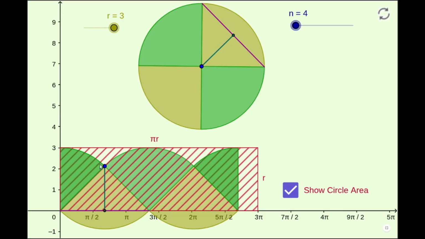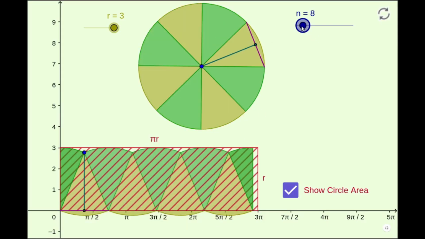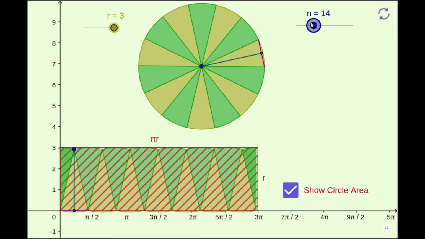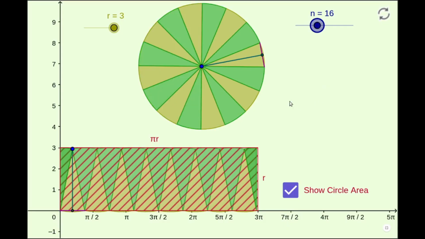One of these slices we cut in half, and we had 2 half slices. Now what we do is we increase the number of pizza slices that we have. So now I have, let's say, 16 pizza slices.